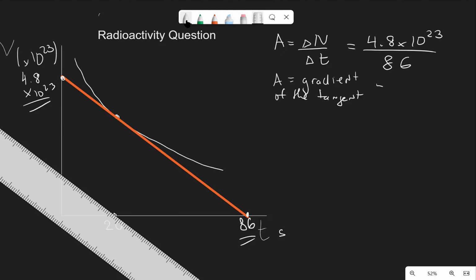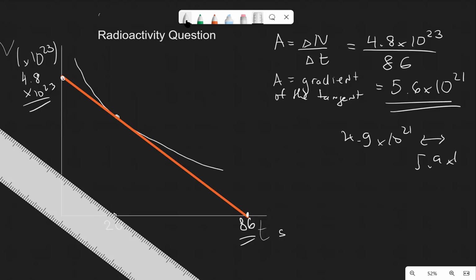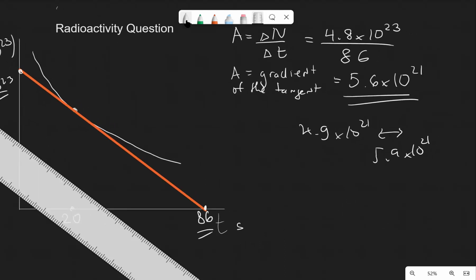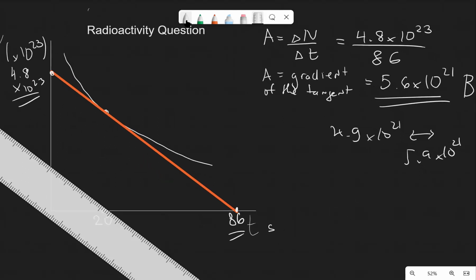If we calculate that with a calculator, I'm going to get around 5.58, let's call it 5.6 times 10 to the power of 21. There's quite a generous range in the mark scheme, anywhere between around 4.9 times 10 to the power of 21 up until around 5.9 times 10 to the power of 21 will give you full marks. And remember, the units for that are becquerels for the activity.